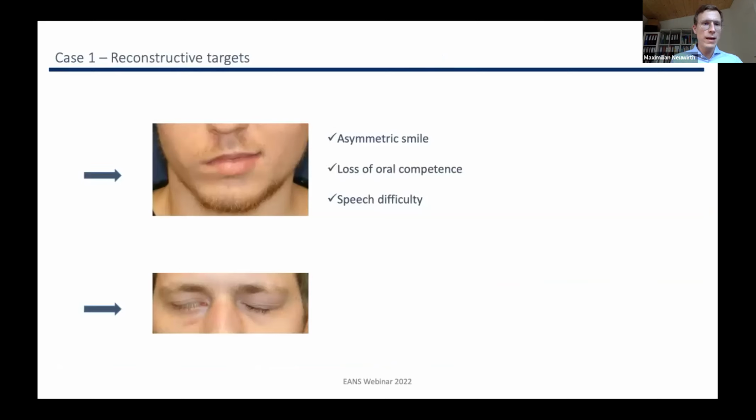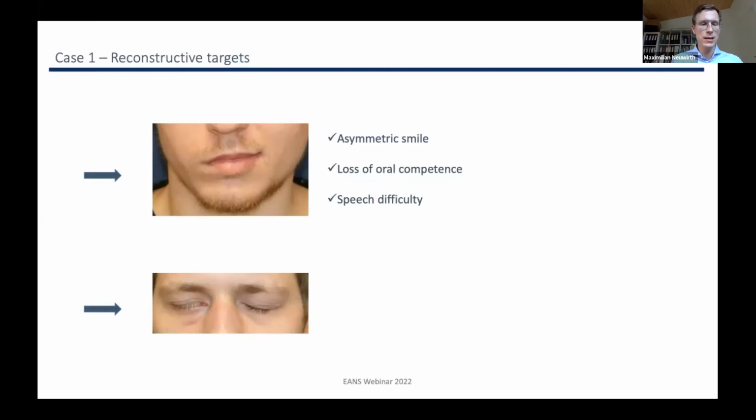Together with the patient and our group, we defined 2 reconstructive targets. The first was the mouth. I think the mouth is always the biggest stigma for all facial paralysis patients, not only the physical ability to have some oral competence and some speech, but also the emotional fact.